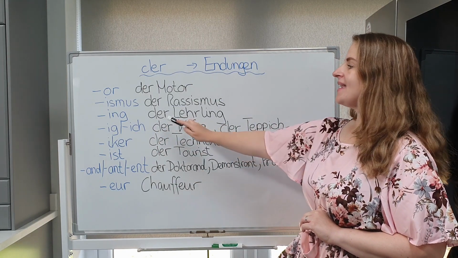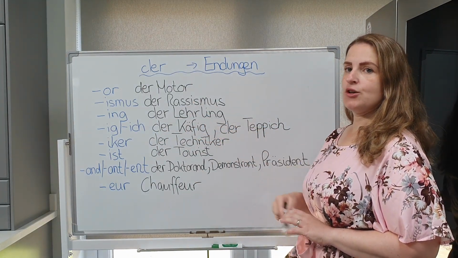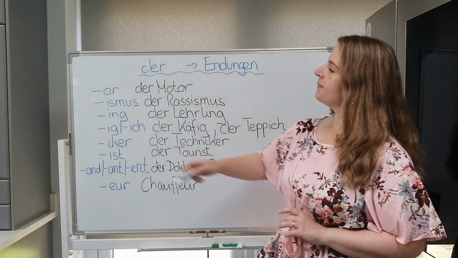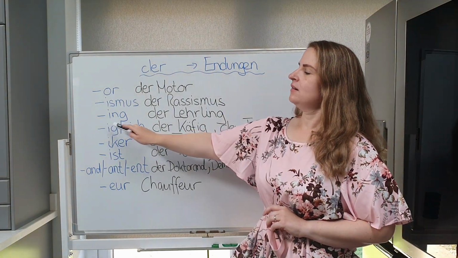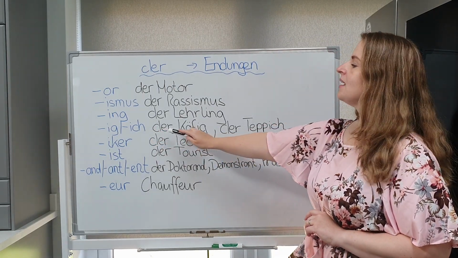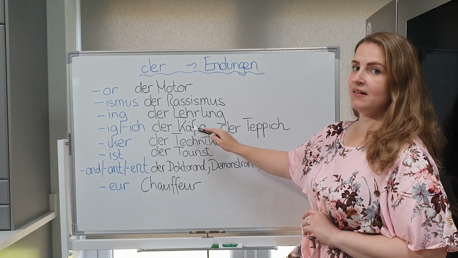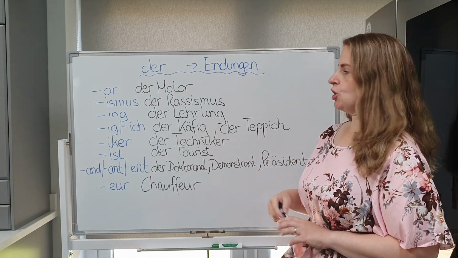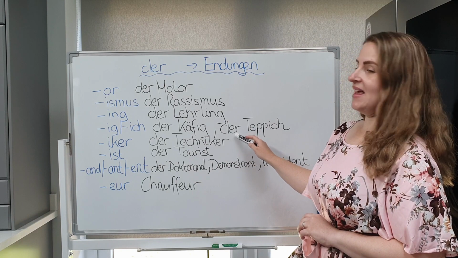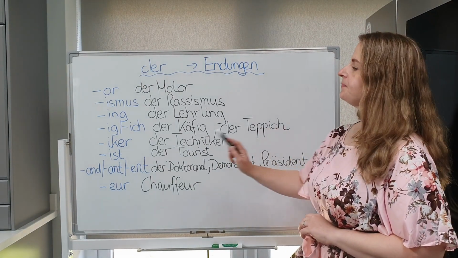For example, der Lehrling, the trainee. Words ending with ich and ig. For example, der Käfig, the cage, or der Teppich, the carpet.